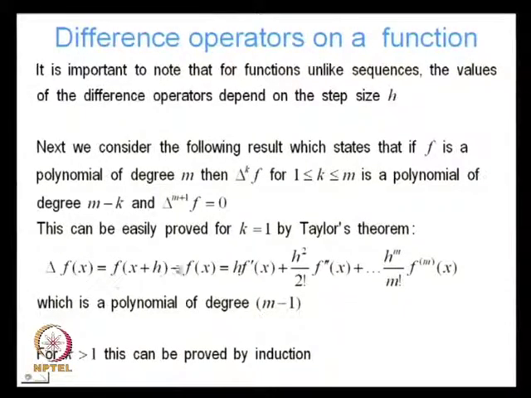This is exactly equal to the result of my difference operation, right. So, this tells me that if I take the first difference of f(x) and if f is a polynomial of degree m, then del f(x) is going to be a polynomial of degree m minus 1, right. And for higher orders of k, we can prove it similarly by induction.